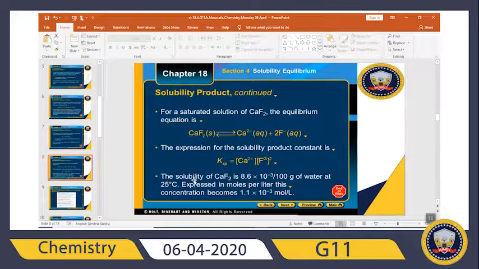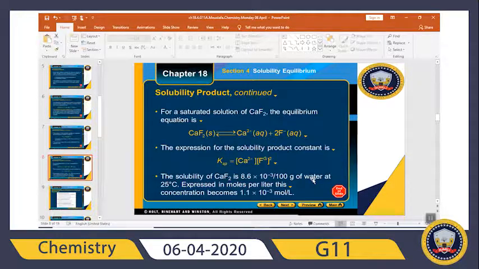So the solubility of calcium fluoride is 8.6 times 10 to the power of minus 3 grams per 100 grams of water. So this amount in grams will dissolve in 100 grams of water. You understand this point, because this is very important to solve problems.